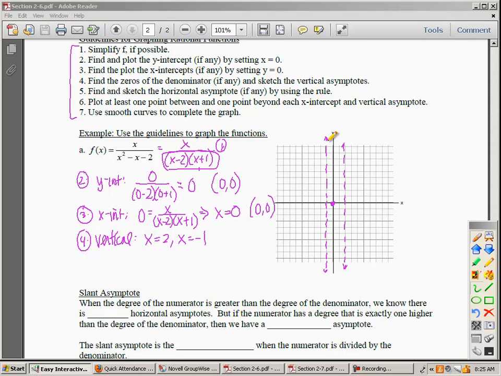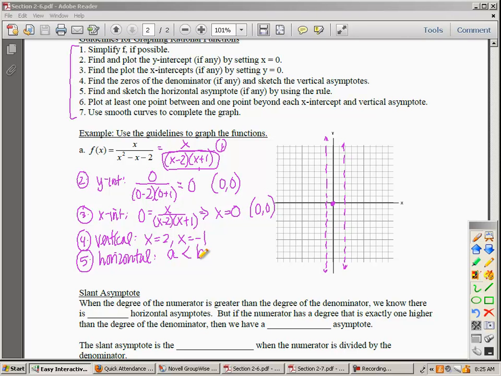Okay. Fifth one, we're going to ask you about horizontal. Now on the quiz, I'm probably going to split this up A, B, C, D, things like that. The horizontal asymptote, in this case, the degree on the numerator is less than the degree of the denominator.